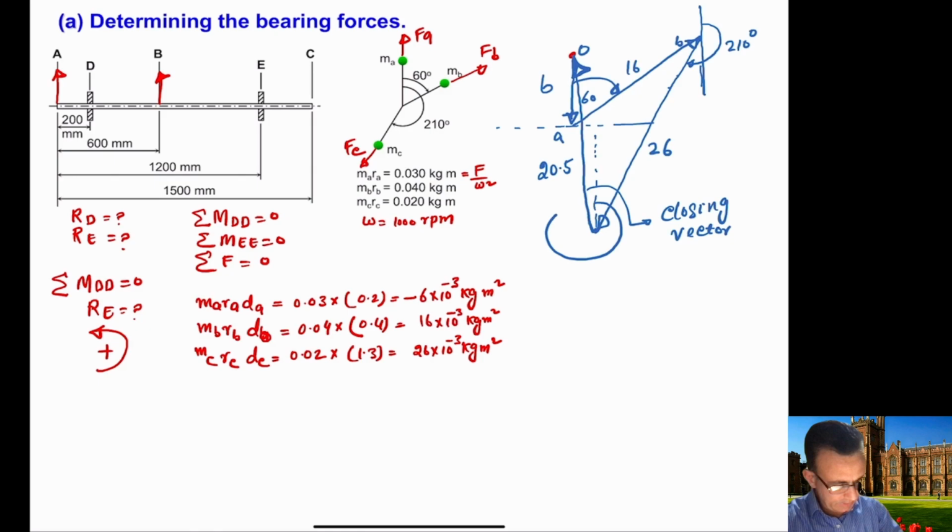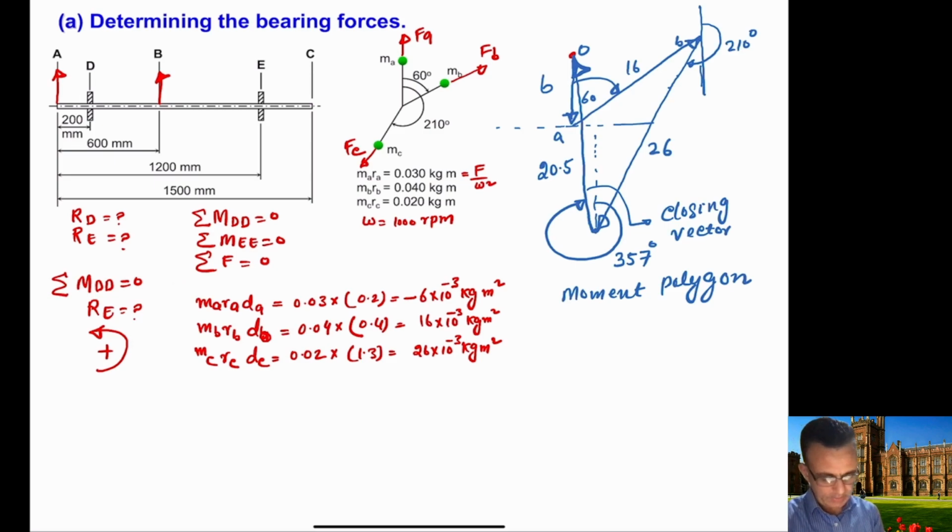So the angle is this angle here, which is 357 degrees, and obviously this is our moment polygon. Okay, so now the closing vector is in this direction here, so this means that the resultant of this whole polygon is now 0. So this means that the sum of the moments about D is equal to 0.